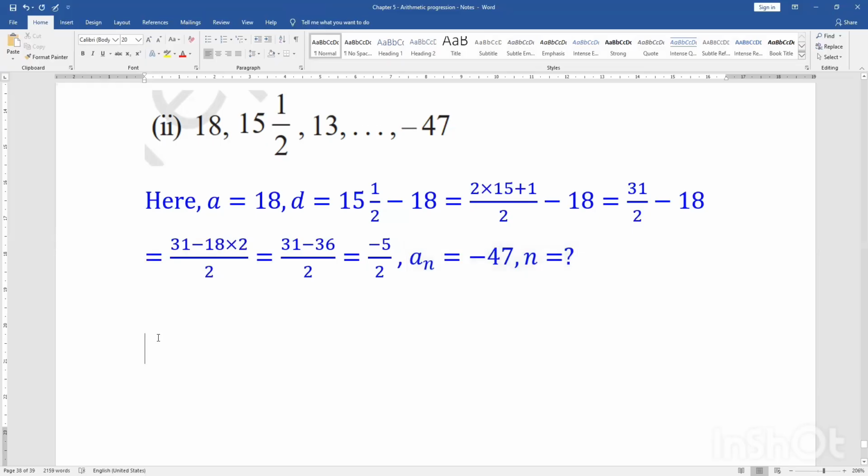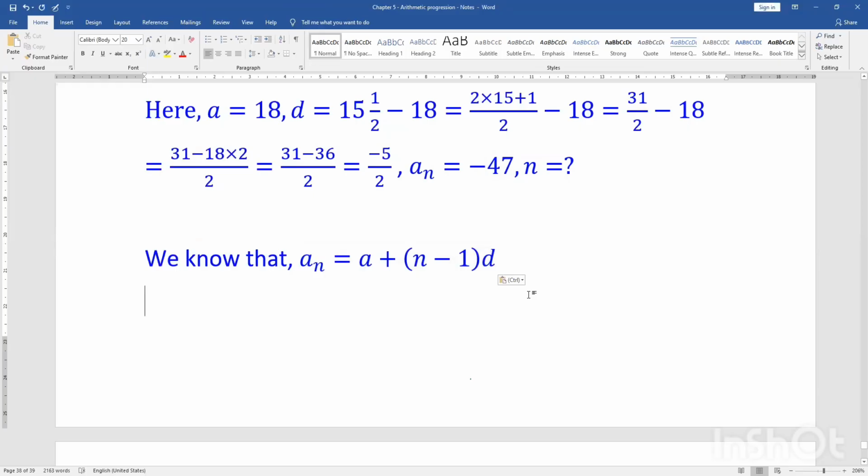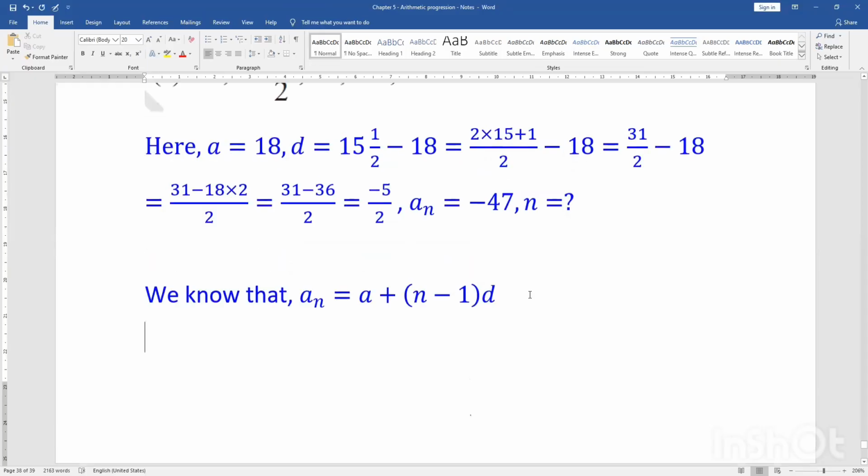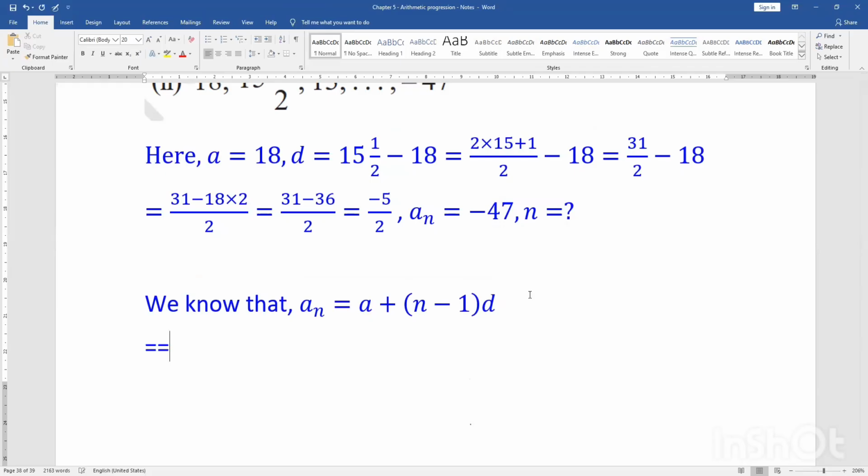Now let us write our formula as usual. We know that an is equal to a plus n minus 1 into d. Right, children? So then, now we are going to substitute these values. What is the an value?